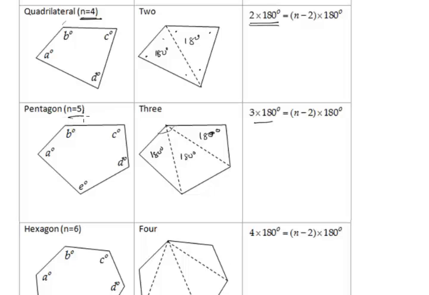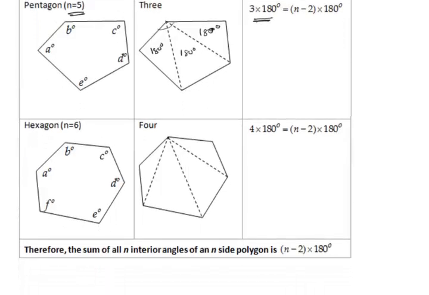So when n is 5, it is giving 3 times 180. Similarly, for a hexagon, when the number of internal angles is 6, we can divide it into 1, 2, 3, 4 triangles. Each triangle gives 180 degrees, so 4 times 180 degrees. So when n is 6, it is giving 4 times 180 degrees.